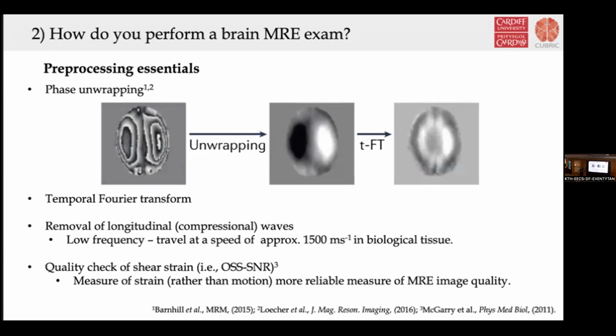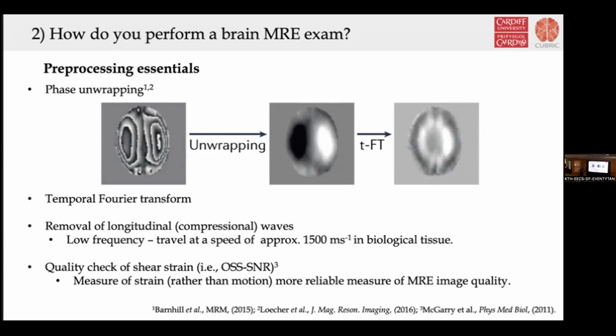The next stage is for the phase images to be temporally Fourier transformed, to obtain the frequency domain complex displacement field and to isolate the harmonic motion of interest. So the Fourier decomposition greatly improves the consistency of MRE data, because non-harmonic motion, such as breathing, can obviously affect that signal. It's also essential to remove longitudinal waves, as they can contribute to the total measured displacement field.